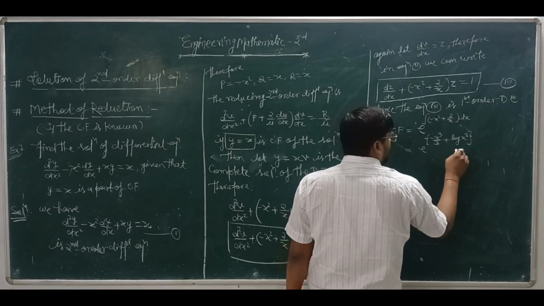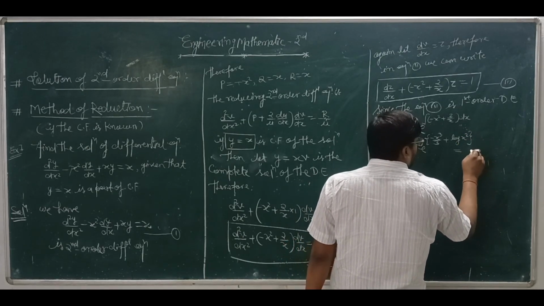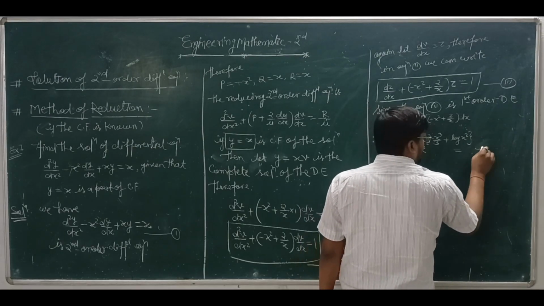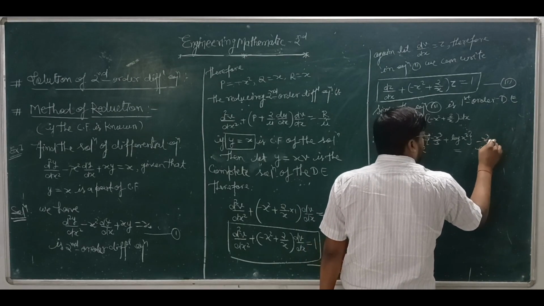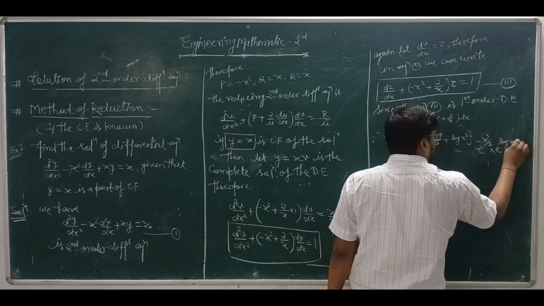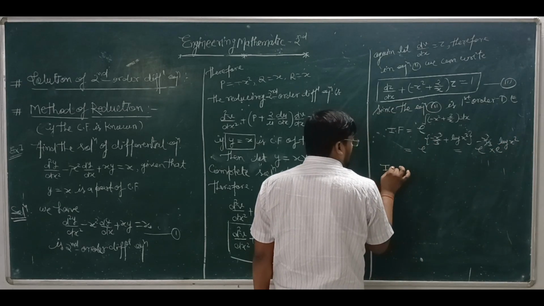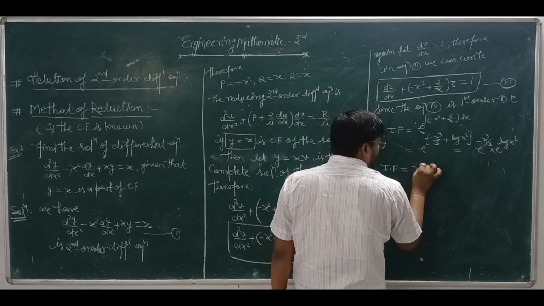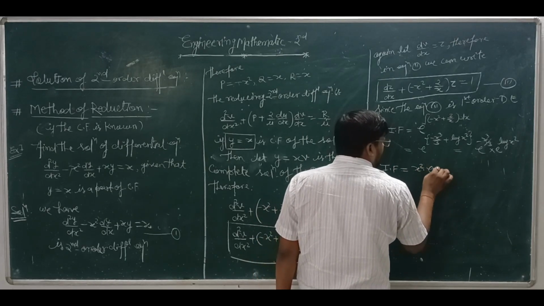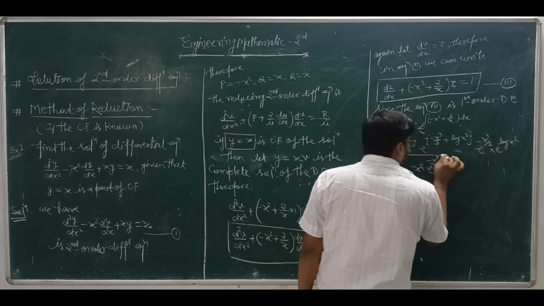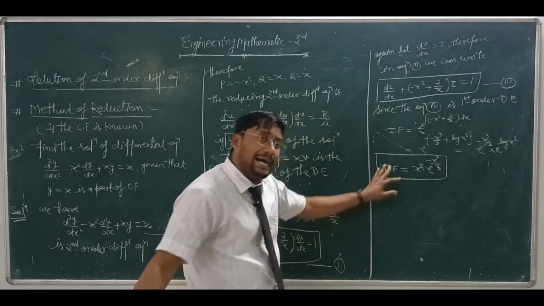Now you can write e to the power minus x cubed upon 3 into e to the power log x square, or simply IF is equal to x square into e to the power minus x cubed upon 3. This is your IF.